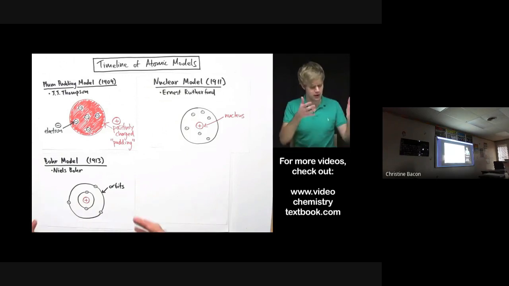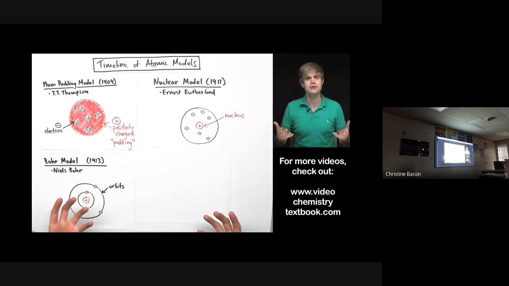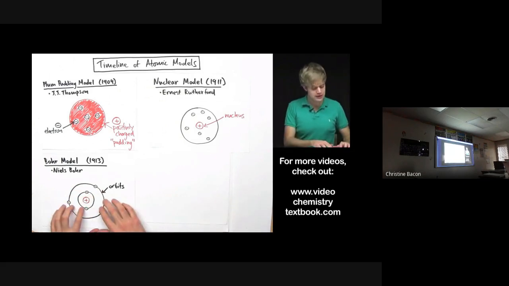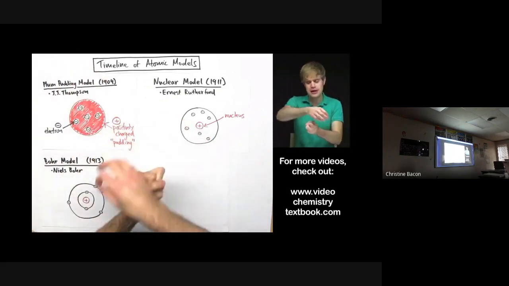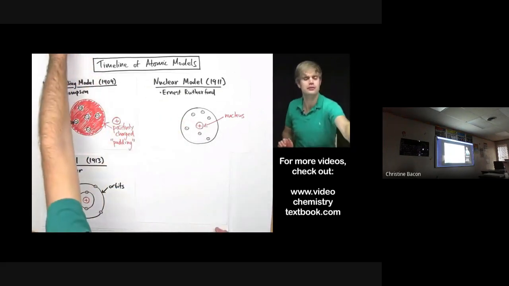All right. Now, people thought Bohr's idea for the electrons made a lot of sense at first, but then in the 1920s, additional experiments showed that it wasn't exactly the way electrons really move.